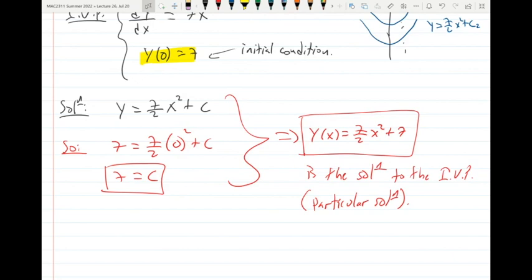For example, a free fall object has a constant acceleration due to gravity. With that information, and a couple of initial conditions, like the initial height and the initial velocity, you can figure out the height function for the object.